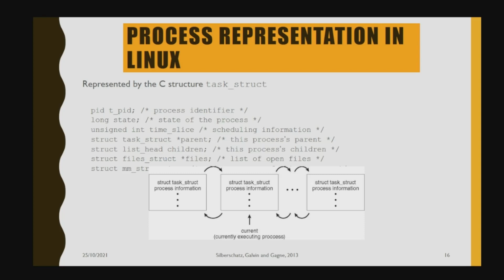If we assume that the system would like to change the state of the currently running process to a new state, and the current pointer is at the executing process, then its state is changed with current state equal to new state. It looks like the statement you would write in the operating system.